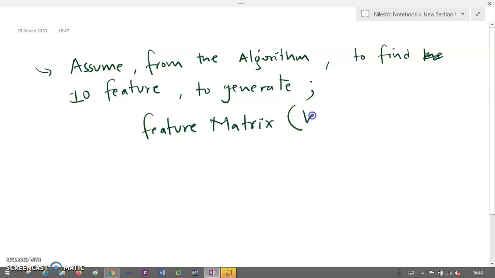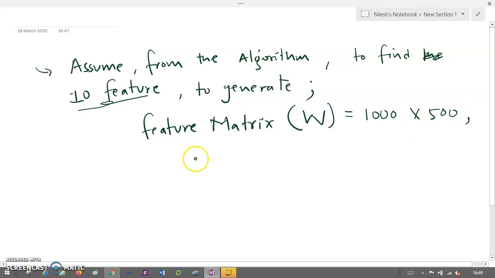I'm going to use capital W for that. I hope you remember this W. Okay, so here we are asking the algorithm to find these 10 features so that I can generate my feature matrix W, which consists of 1000 rows and 500 columns.